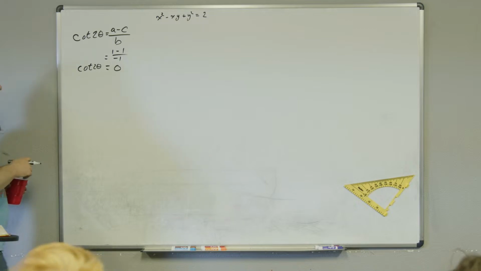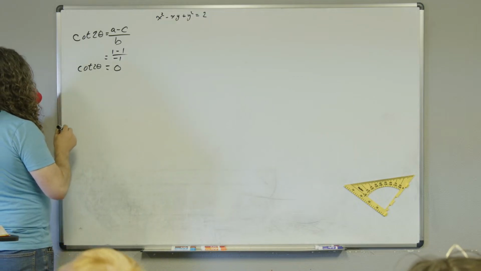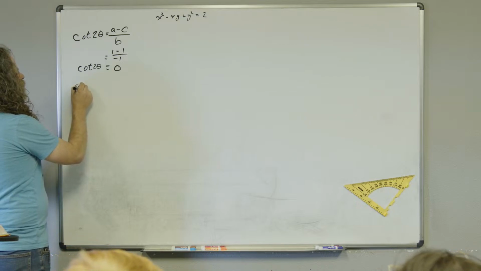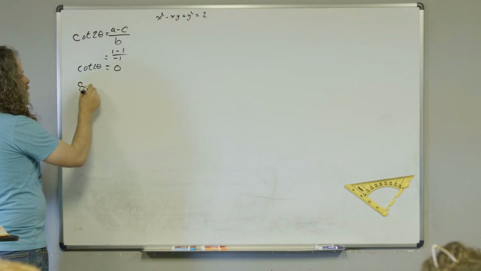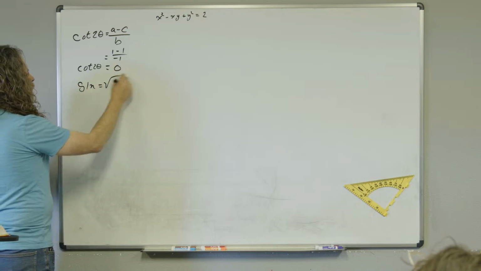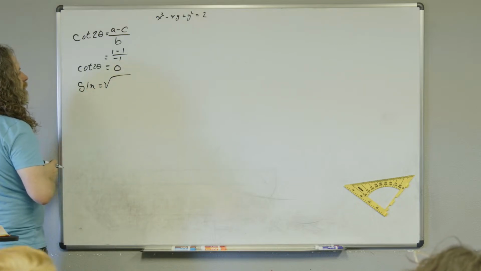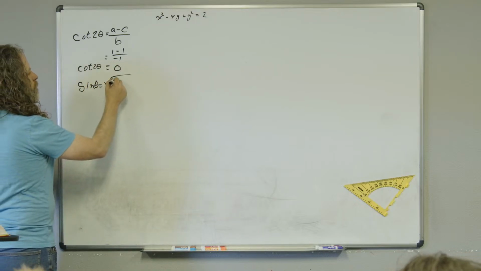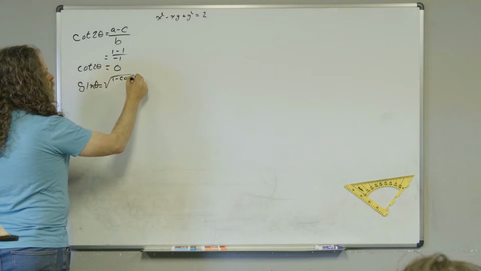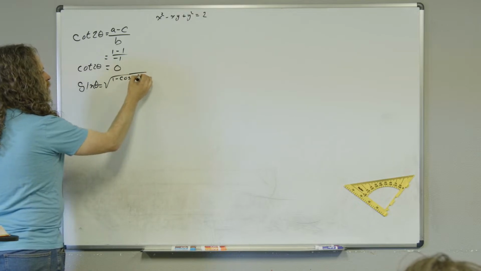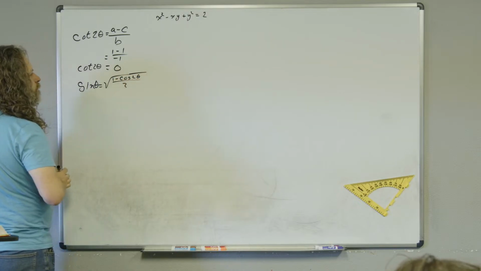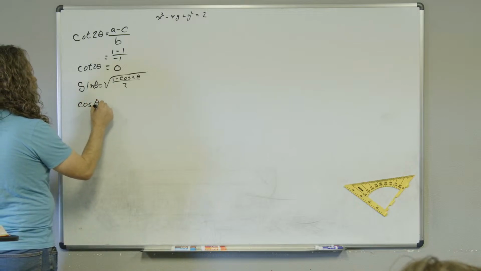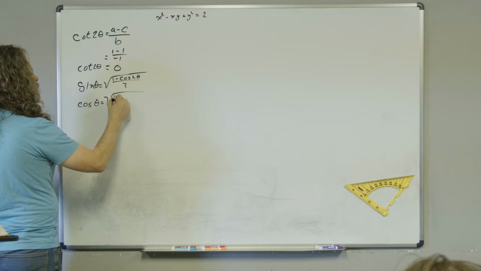What are the identities we're looking for? Sine theta equals the square root of 1 minus cosine 2 theta over 2. And cosine theta equals the square root of 1 plus cosine 2 theta over 2.